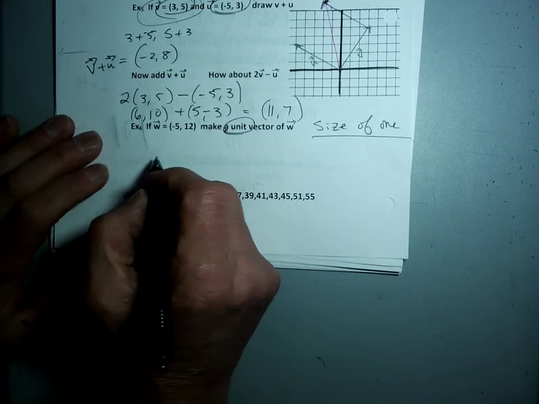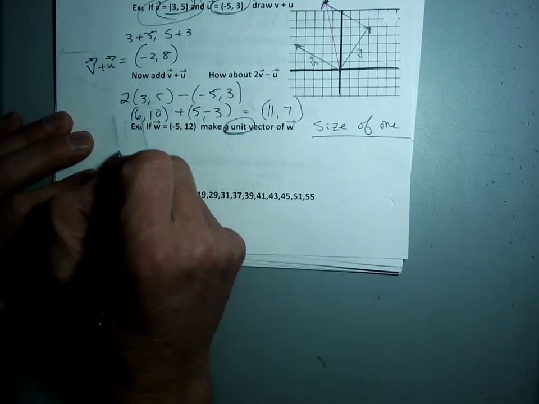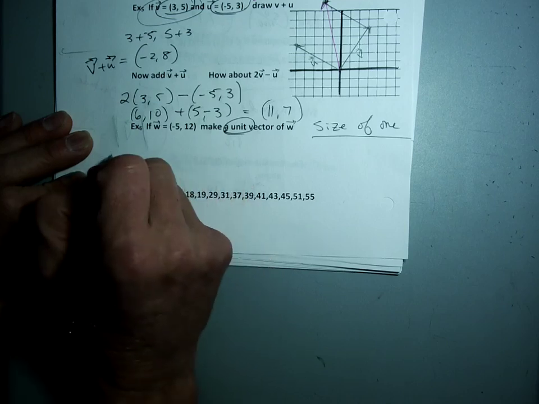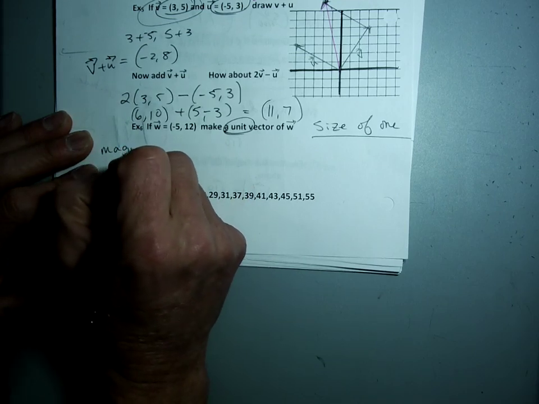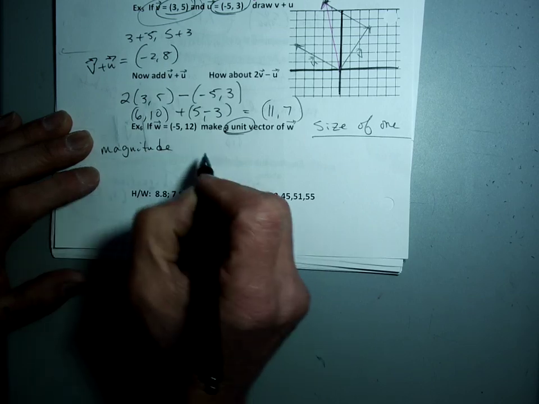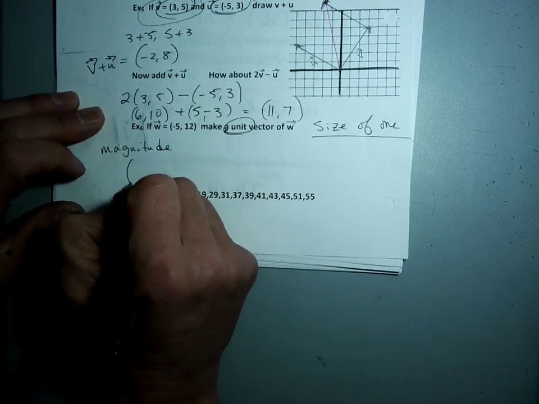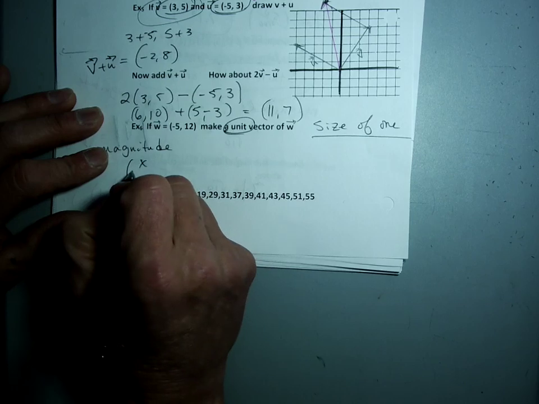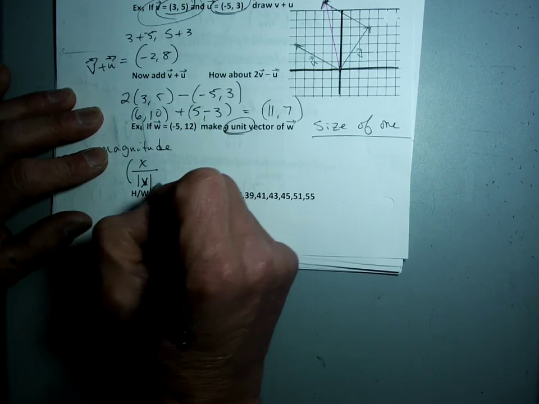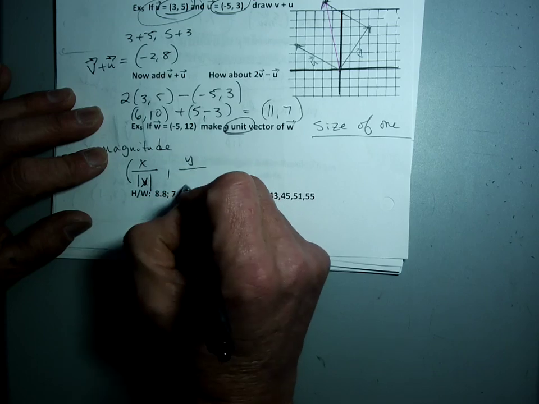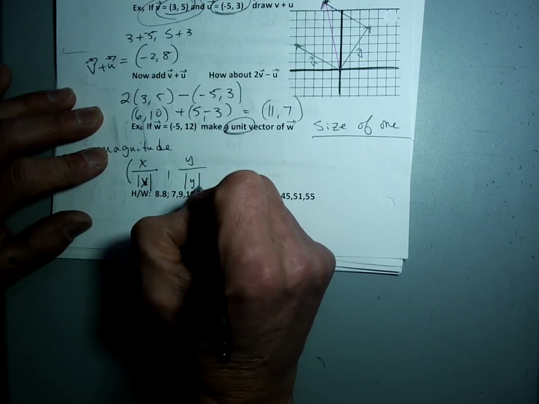You've got to find first the magnitude. Because a unit vector is going to be simply my x over its magnitude and the y over its magnitude, okay?